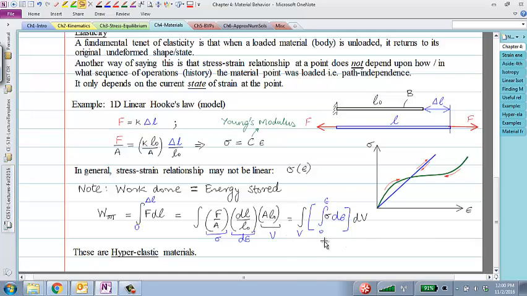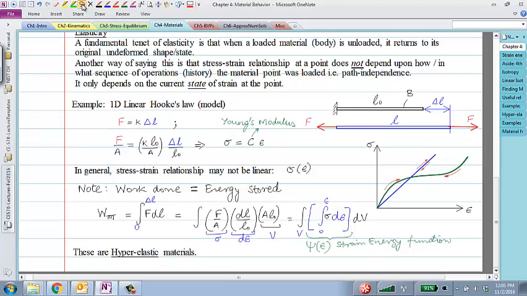So essentially what we are saying is that we are going to measure the energy stored at each and every point in the body, and we are going to integrate that over the entire volume of the body. This quantity within the blue square bracket is called the strain energy density function, and it's denoted by phi of epsilon.